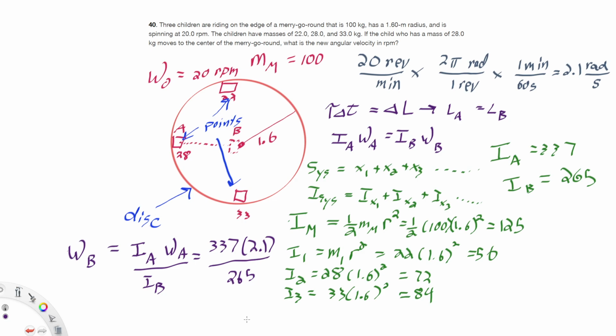Yep, sum of all the individual moments. And then I_B, the 265, is the sum of all the moments except for the 28 kilogram kid, because the moment due to that kid went to 0 because he crawled to the middle.